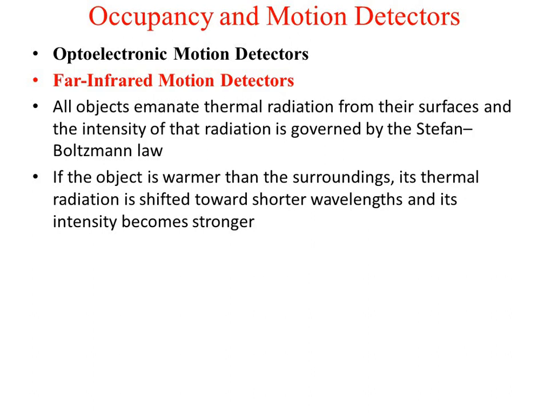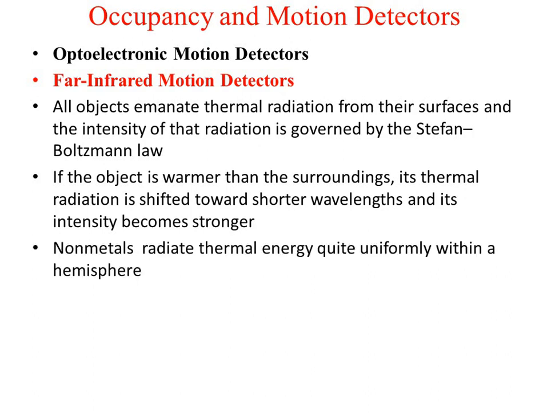The object will give thermal radiation to the surroundings, with a shift to shorter wavelength and stronger intensity. If the intensity is high, the wavelength is shorter. This is what we studied in the previous lecture.